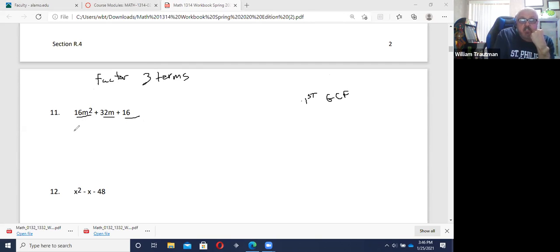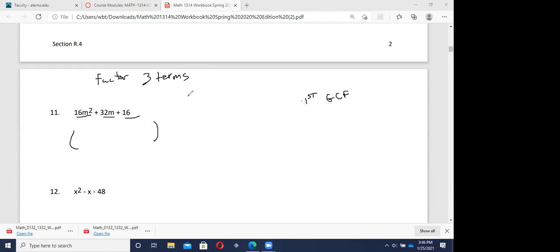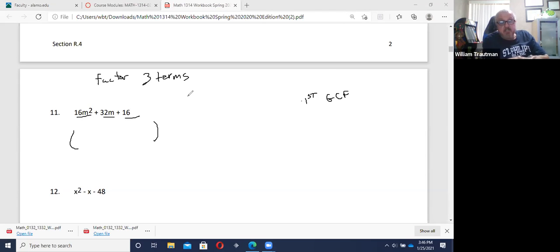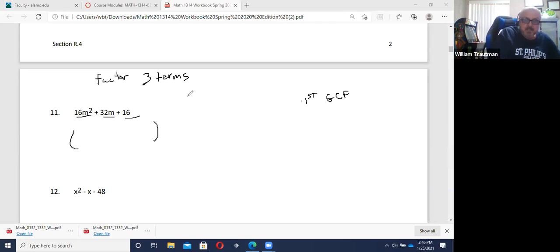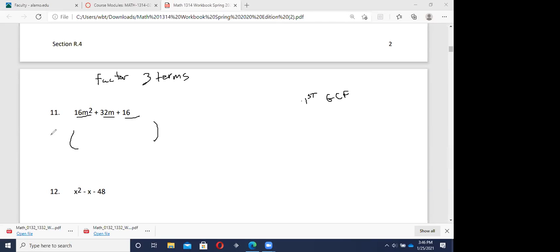What number divides out into all of those? 1 divides into all of them, but you got to find the largest number that divides into all of those. 4 divides in, 8 divides in, but there's even a larger one. 16 times 2 is 32, right?